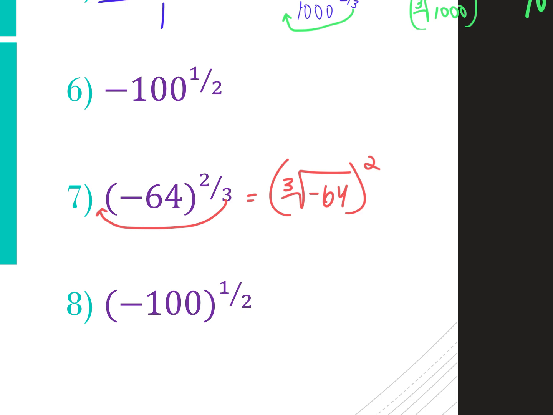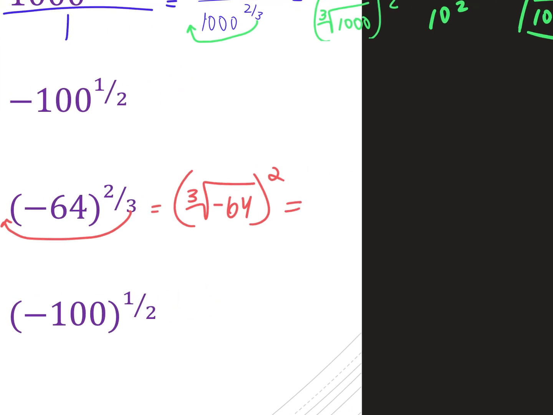Can I take the cube root of a negative number? What's a negative times a negative times a negative? A negative. Can I take the 5th root of a negative number? Yes. Can I take the 7th root of a negative number? Yes. Can I take the square root of a negative number? No. You can, but what's your answer? Is it real? No, it's imaginary. We'll talk about that in a minute.